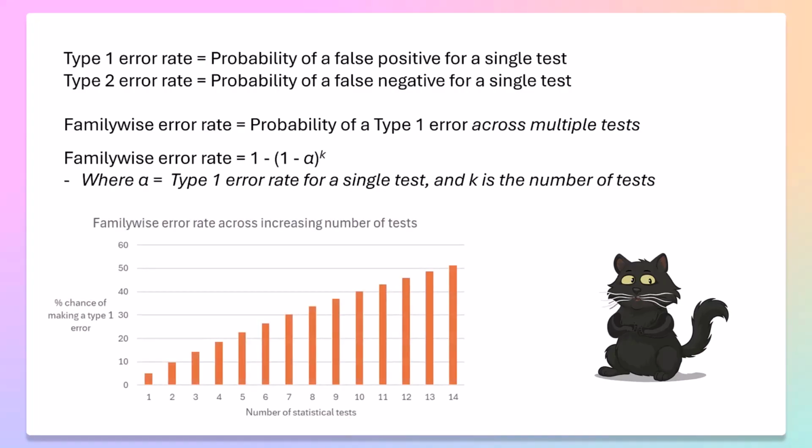In simple terms, if you conduct multiple tests, it compounds the false positive chances. The chart on the slide indicates how as the number of statistical tests goes up, the chances of making that type 1 error pretty quickly goes up. Which is not a good thing.